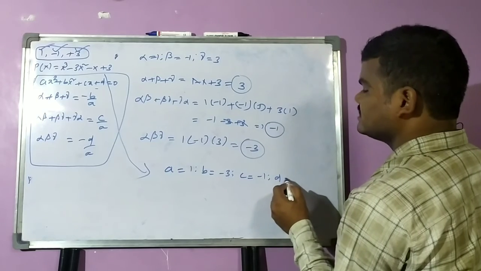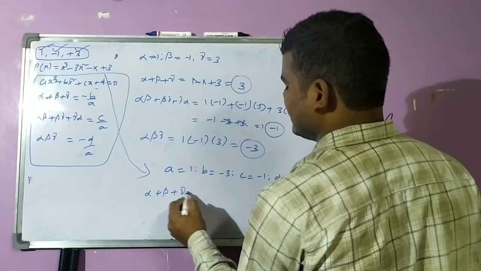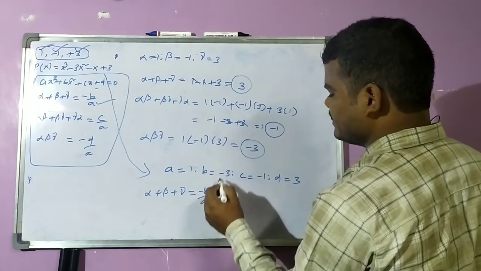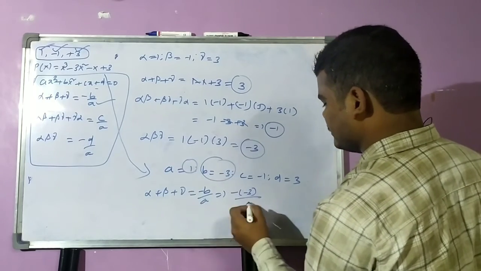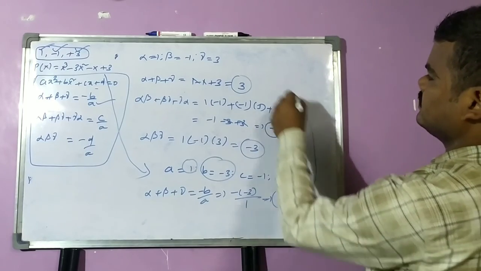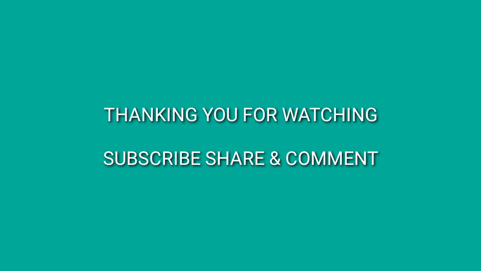Minus 1. What is d here? 3. Alpha plus beta plus gamma is equal to minus b by a. Minus b means this one, minus of minus 3 by a, which is plus 3. Right? Next, alpha into beta, beta.